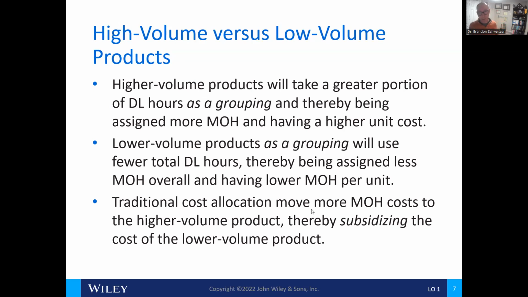Traditional cost allocation moves more of the manufacturing overhead costs to the higher volume products, which can be seen as subsidizing the lower volume products.